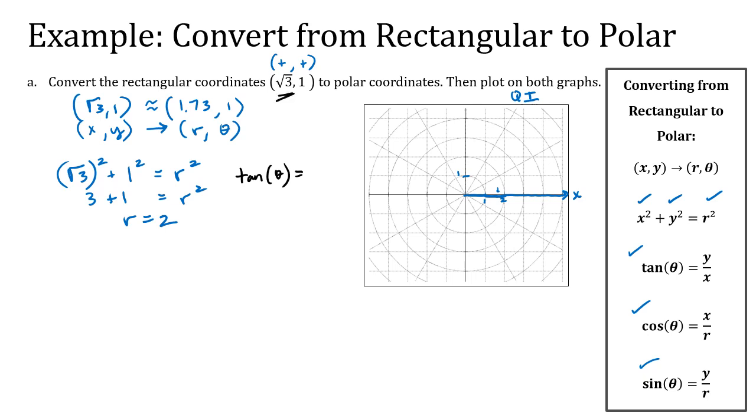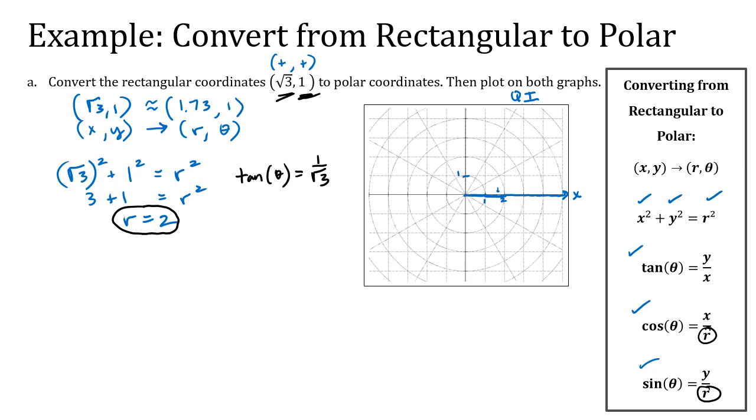And the other two, the cosine and the sine, involve a radius. And if we have messed up with the calculation for the radius, then we're going to mess up with the angle measure as well. So using just what's given to you, I would say that the tangent of theta is equal to 1 over the square root of 3.